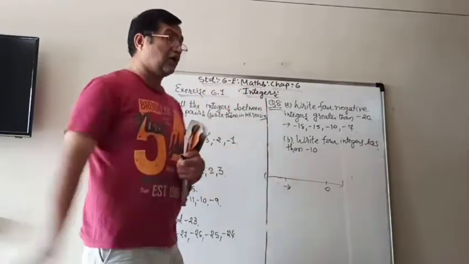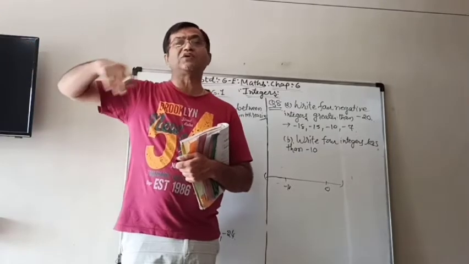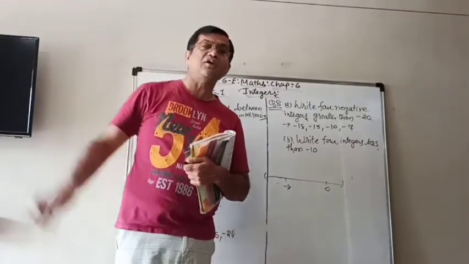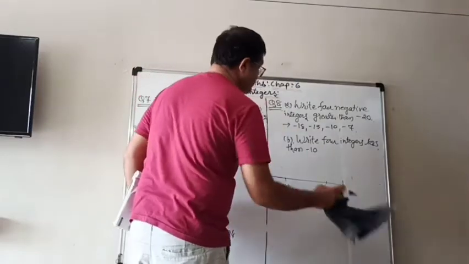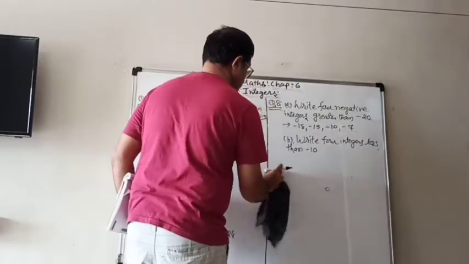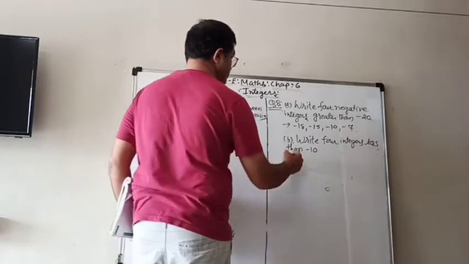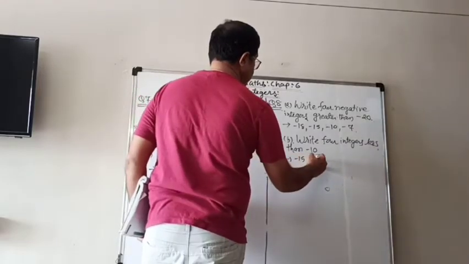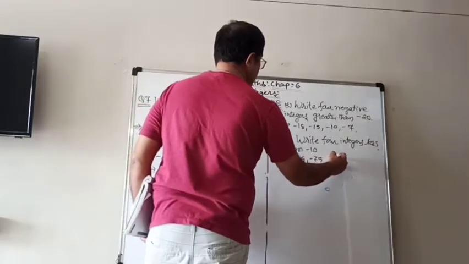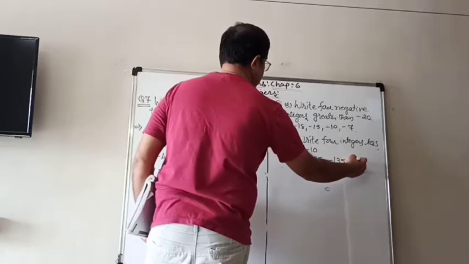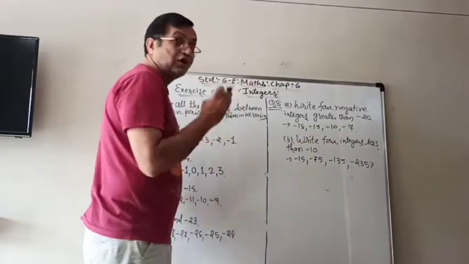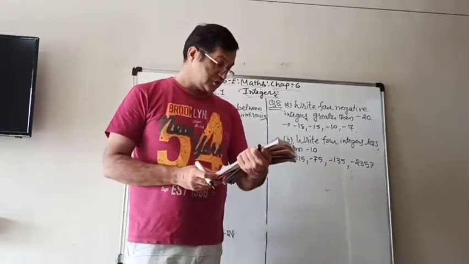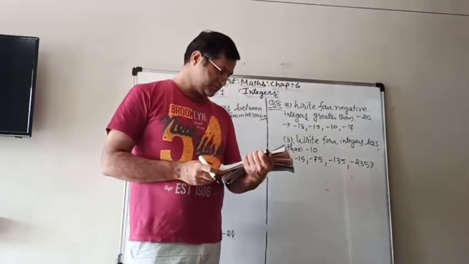So on the left side you can write down any biggest number also because all are smaller than minus 10. So you can write down minus 15, minus 75, minus 135, minus 2357. Whatever number you think of, you can write down.